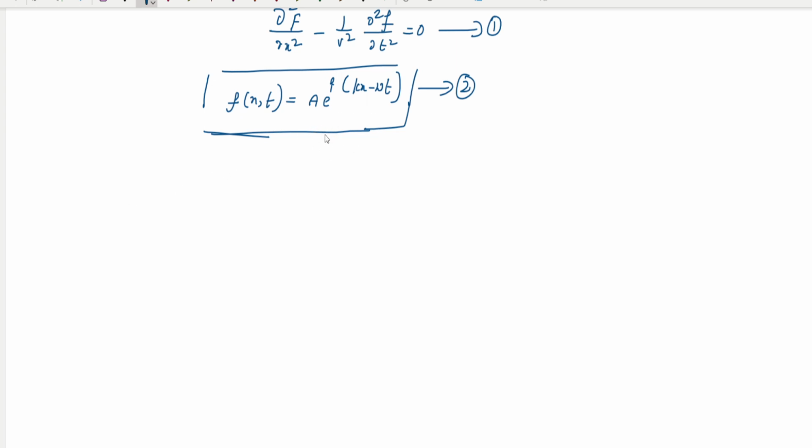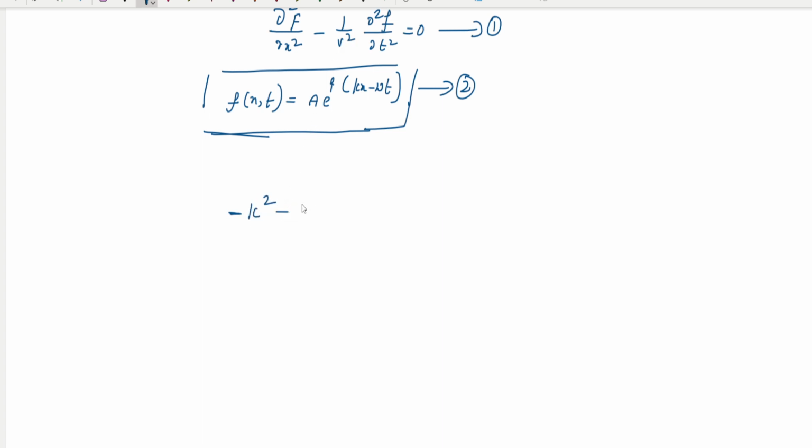If we derive 2 times with respect to x, we get i square minus k square, so the first term is minus k square.